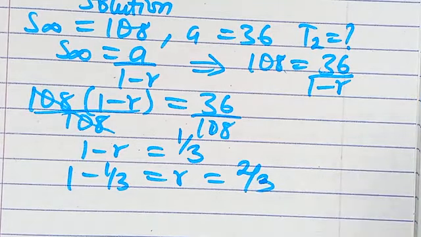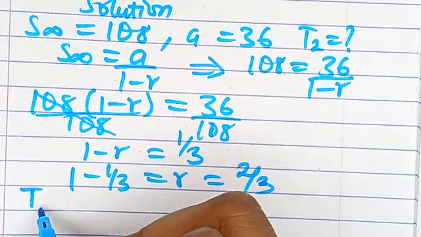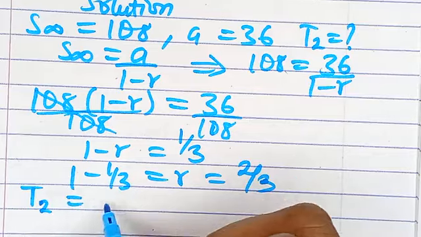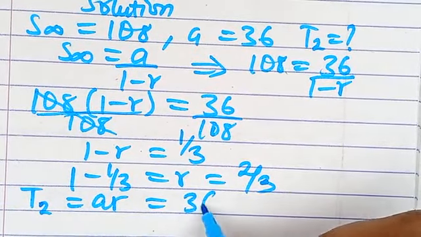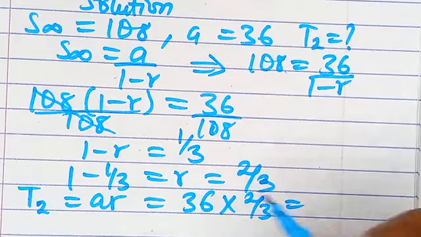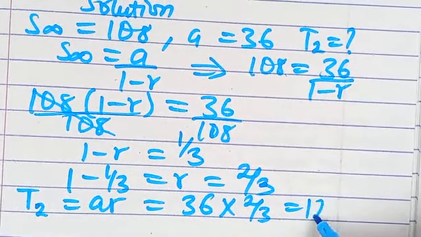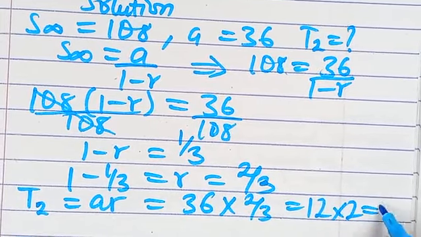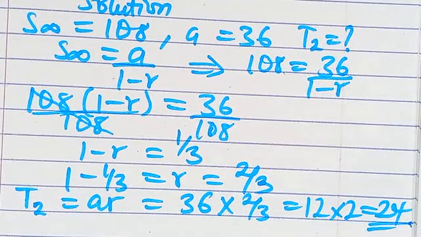We are looking for the second term. T2 is equal to AR, where A is equal to 36 and R is 2 over 3. 3 goes into 36 to give us 12, times 2. So this is 24. The second term is 24.